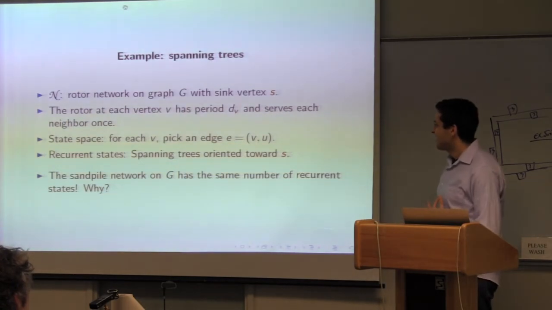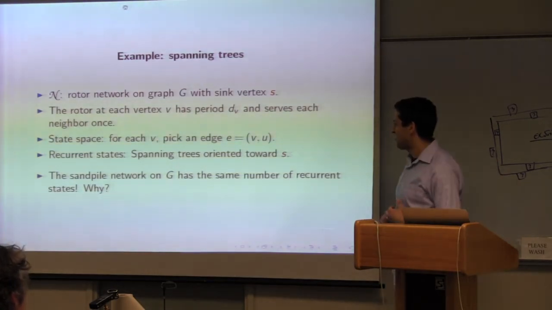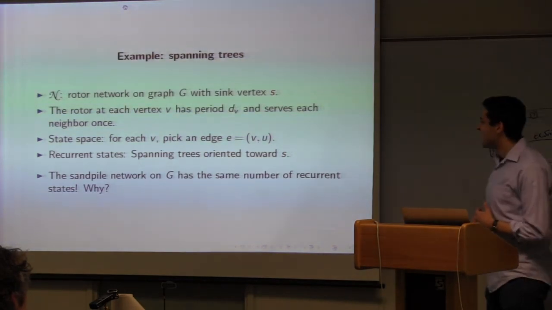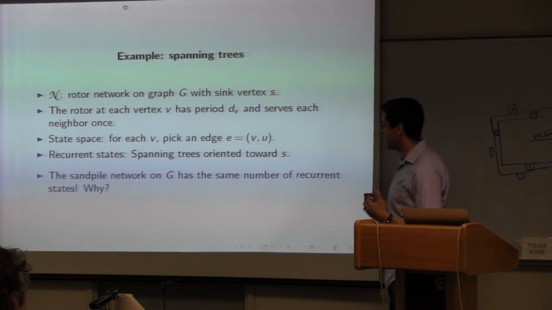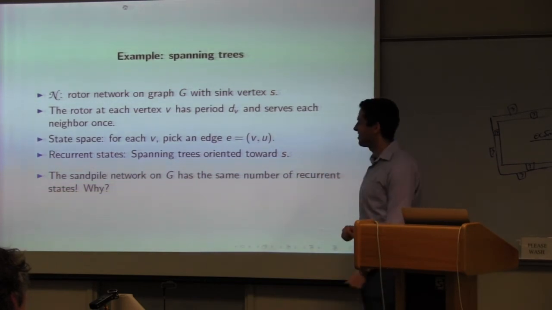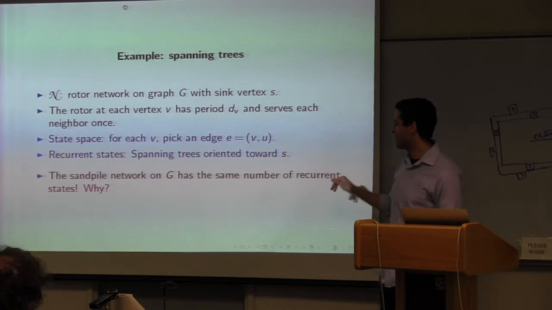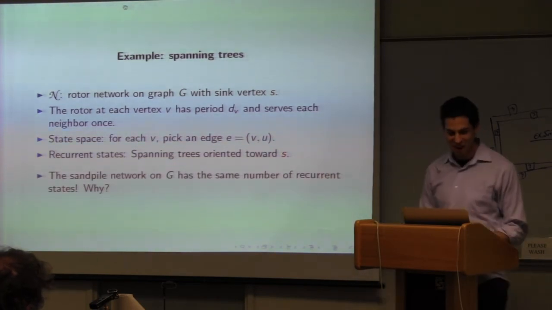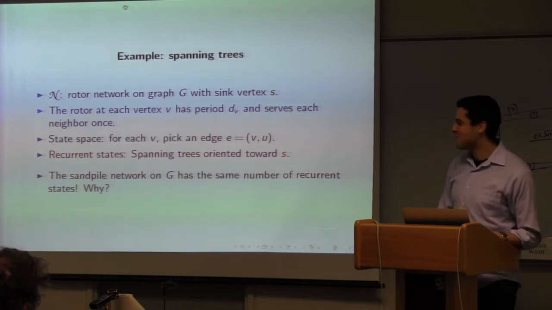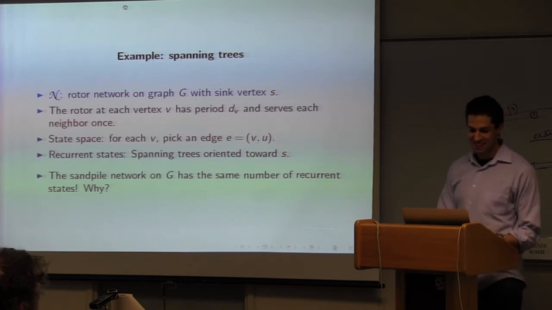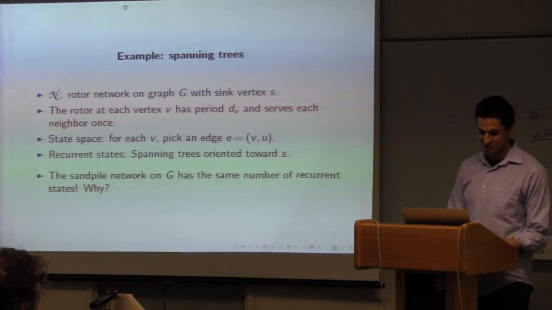And a fact that got a lot of attention among combinatorialists in the last decade or so is that, curiously, the sandpile network on G has the same number of recurrent states. So the number of recurrent states of the sandpile network is equal to the number of spanning trees of the graph. And there are many bijections out there explaining why these two sets have the same cardinality.